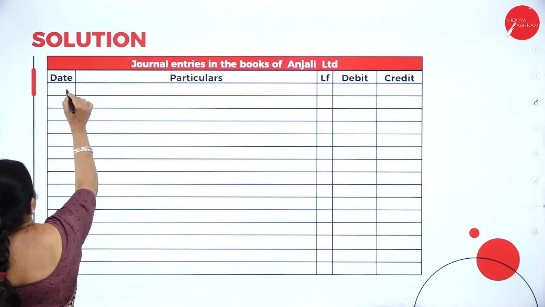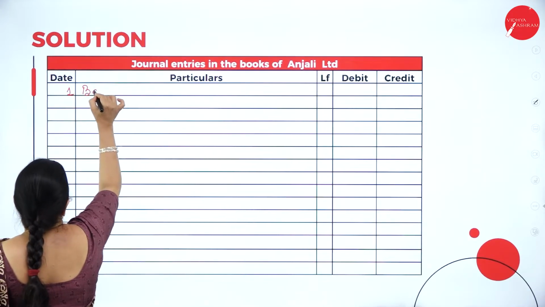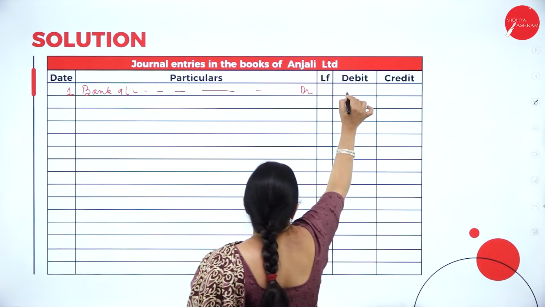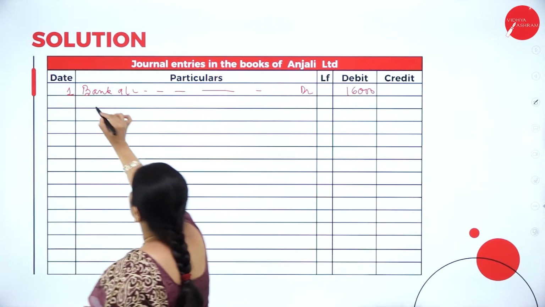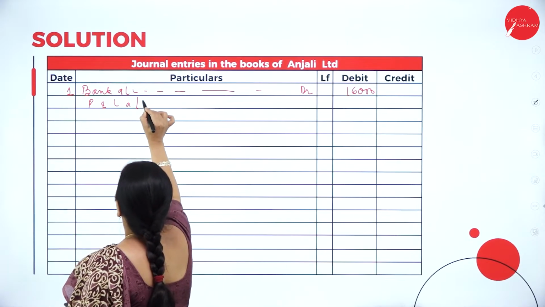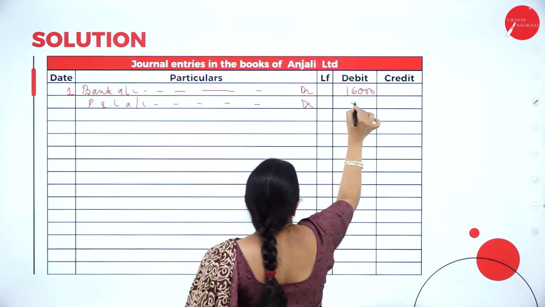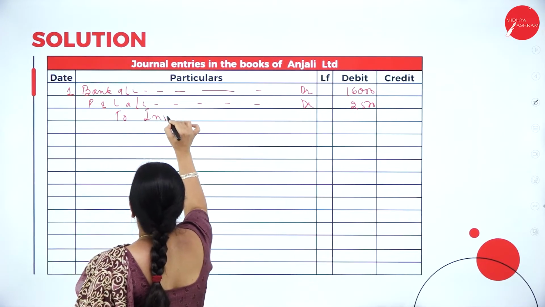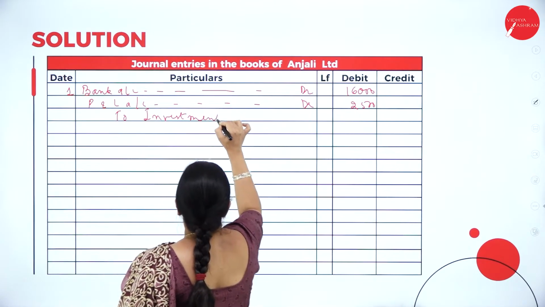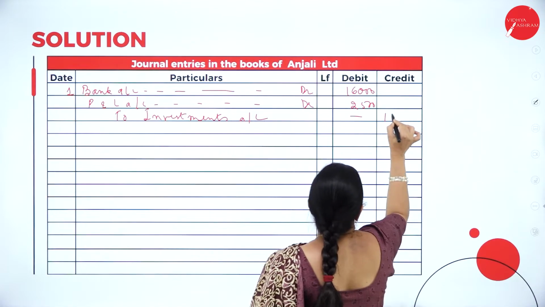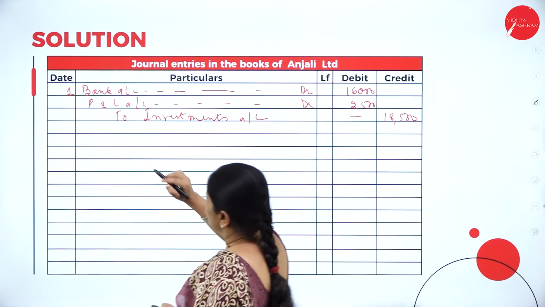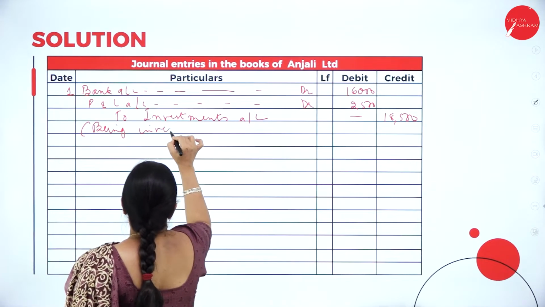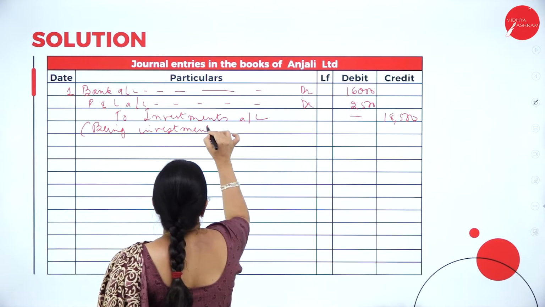Bank account debit 16,000, P&L account debit 2,500 to investments account 18,500, being investments sold at a loss.